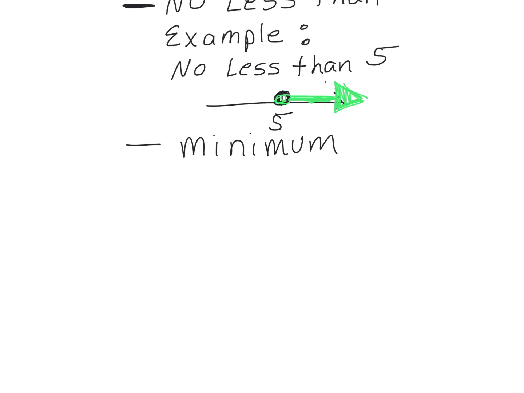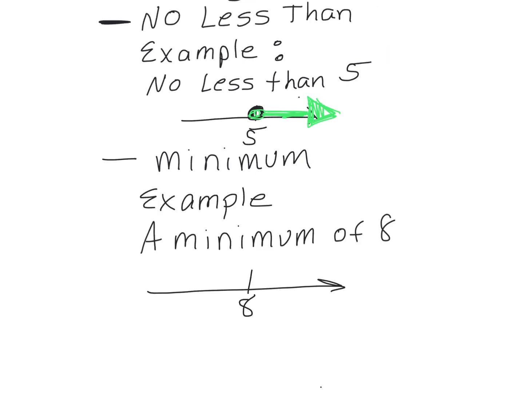Another word we use is minimum, which means the smallest value it could be. For example, a minimum of 8 means 8 is the smallest value, but it can be anything larger than 8.